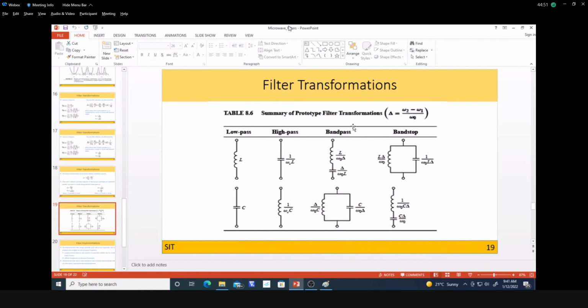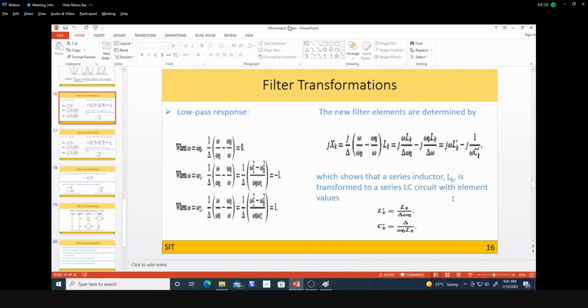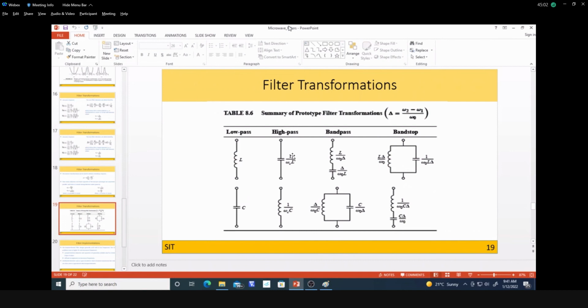And similarly, we have low pass to band pass conversion. We have discussed here the series L to series LC circuit, how the series inductor can be converted into a series LC circuit, and the corresponding values are here.